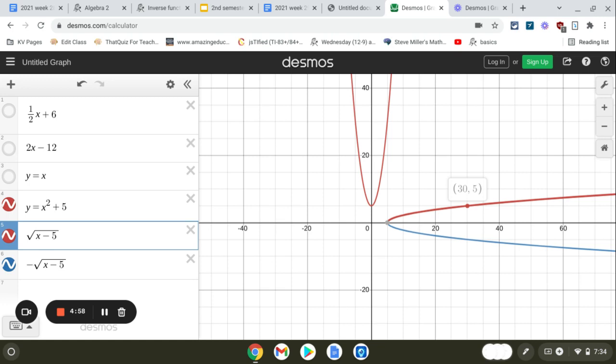If you plug in 30 for x, it looks like you get 5 back. But then down here, when you plug in 30 for x, you get negative 5 back. And that is the single thing that breaks the rule for it being a function. We'll give some definitions and summarize that whole talk later, but that's one of the other properties that's going to be important about inverse functions.